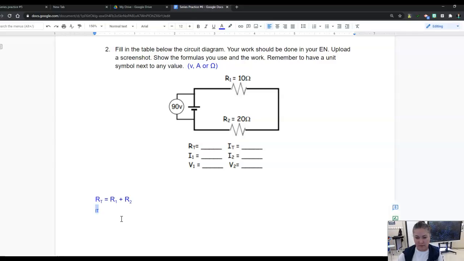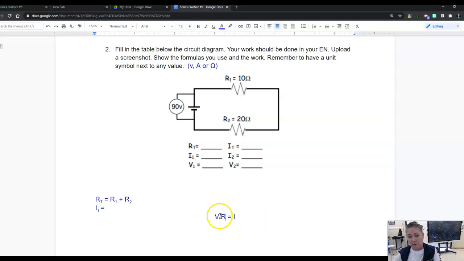Next, for the total current, like IT. Control period gets me out of what I'm doing, and Control comma makes it smaller. To find the total current, you have to use Ohm's law, which we remember is V equals I times R. But we need to manipulate it by getting rid of that R and dividing it on the other side.